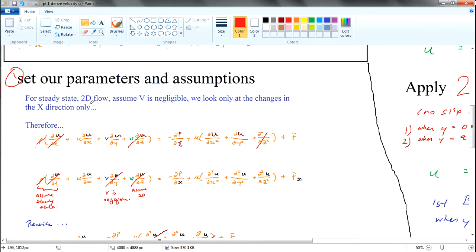Okay, and then since 2D flow and we assume that v is negligible, the y direction is negligible also, we are only left with the x direction, so this is also cancelled. However, we didn't cancel this portion over here, because this portion contributes to a certain stress.